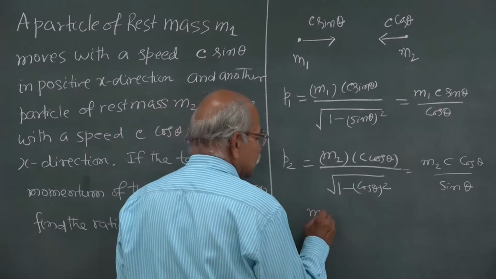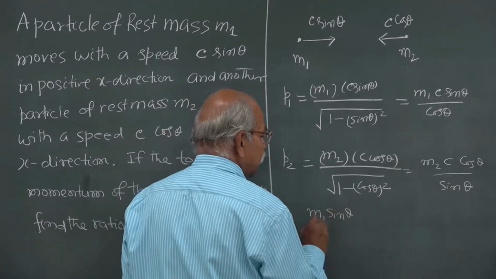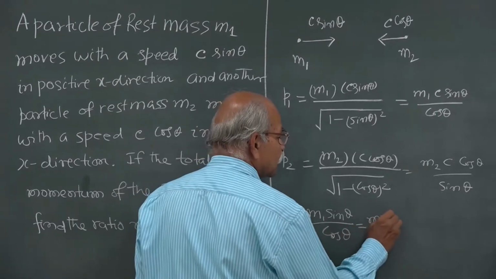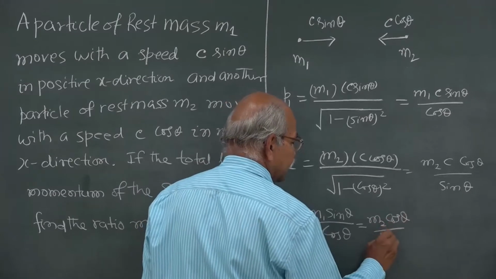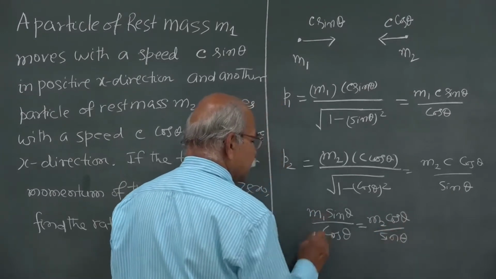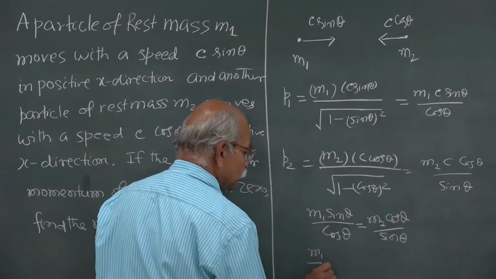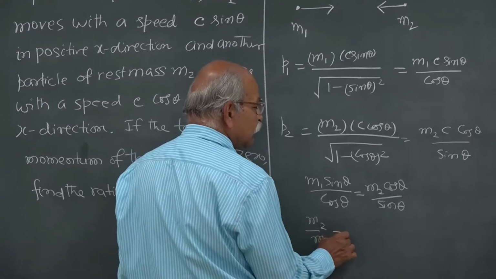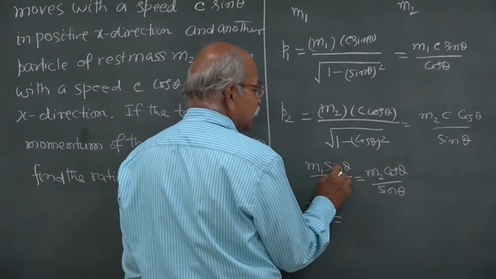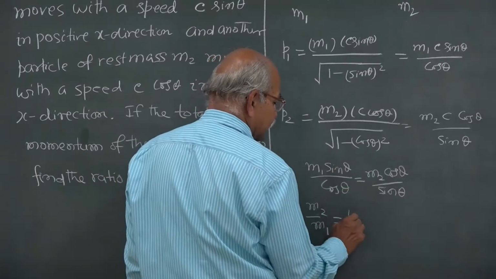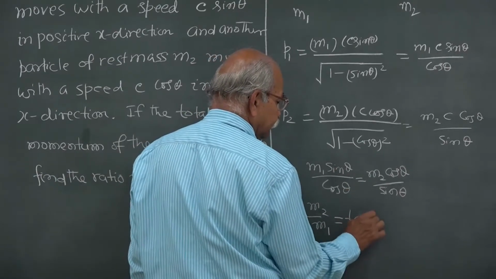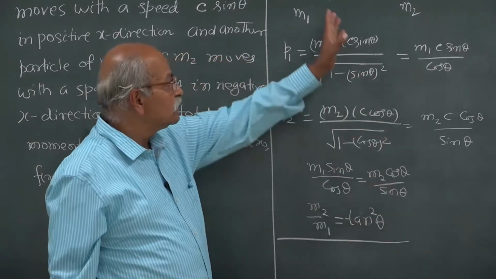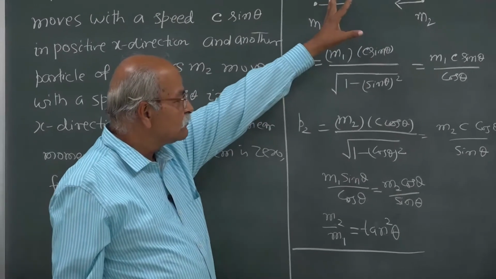So, m1 sin theta by cos theta should be equal to m2 cos theta by sin theta, and hence m2 by m1, which we need, will be sin square theta by cos square theta, that is tan square theta. Right. So, this will make the total linear momentum 0.